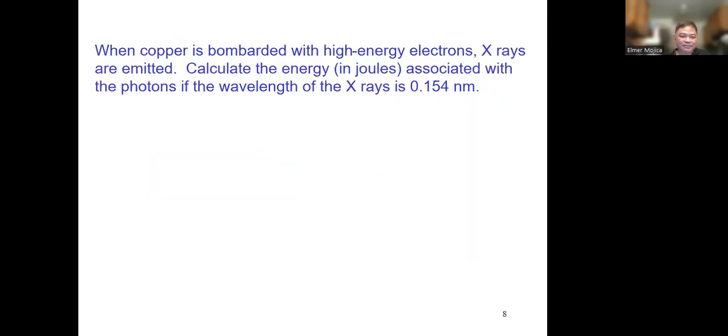Okay. Now that we have the relationship E equals hν, and then what do we have? Speed of light equals frequency times wavelength, c = νλ. So pareho itong dalawa. So that means we can relate what is now the relationship between energy and wavelength.